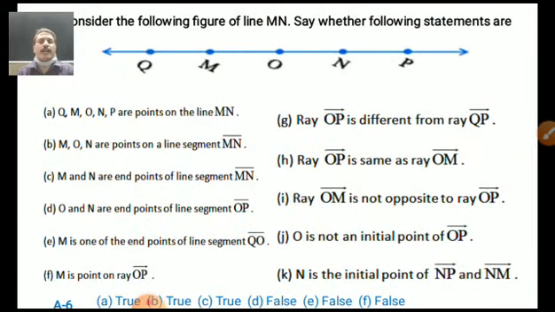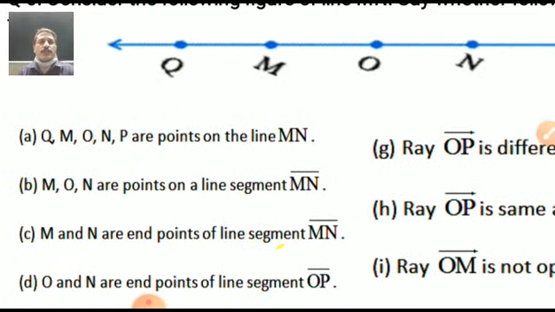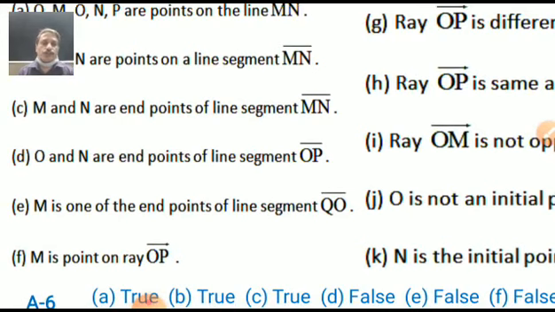First is true. Let's check true or not. See the question's figure. Q, M, O and P are points on the line MN. Yes, it is true. B. M, O, N are points on a line MN. Yes, it is true, because it is already lying on that point.